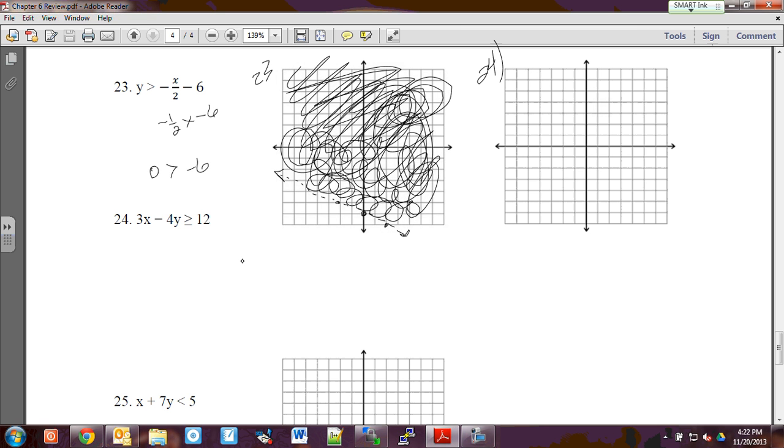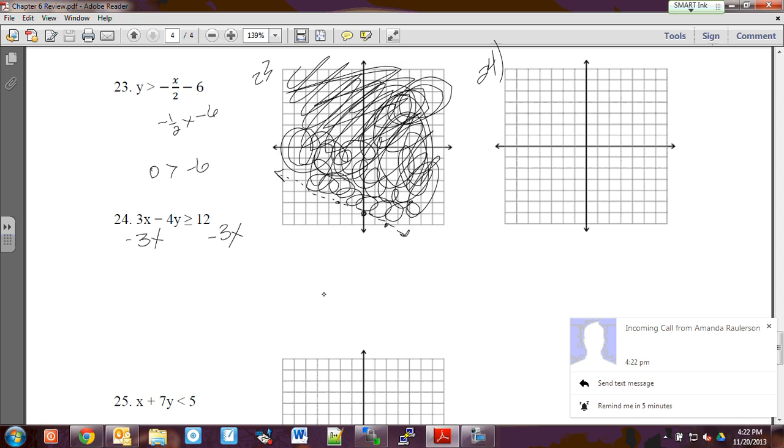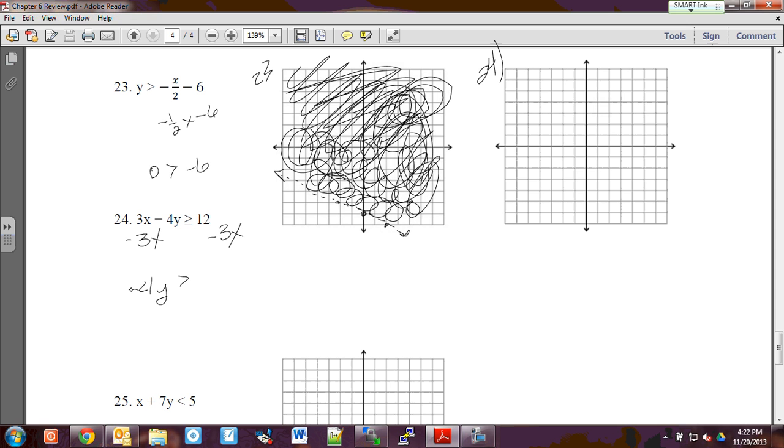Now this one, it'll be easiest to just solve it for y. Minus 3x, minus 3x. So negative 4y is greater than or equal to negative 3x plus 12. Divide all this by negative 4.